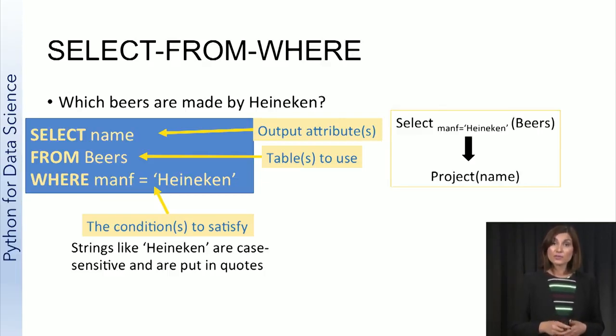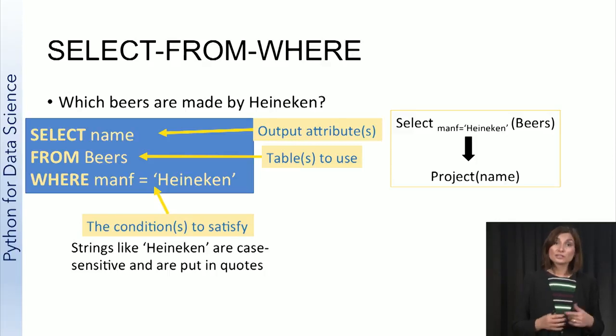Secondly, if you go back to the data operations we discussed in Pandas, you will recognize that this form of query can also be represented as a selection operation on the relation beers with the condition on the manf attribute, followed by a projection operation that outputs the name attribute from the result of the selection operation.